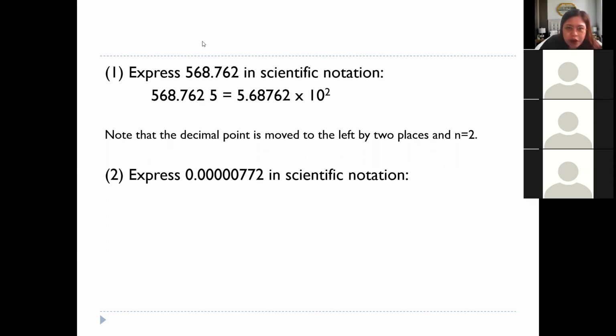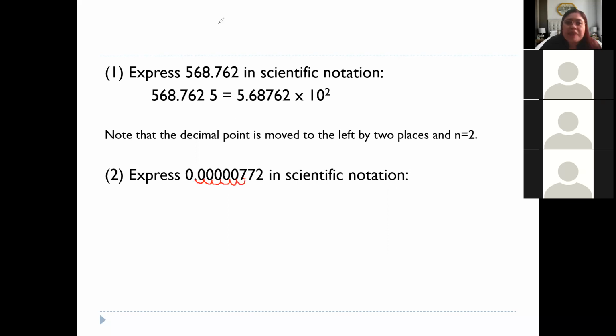Okay, so how are we going to express this one? Of course, we will be moving the decimal point. Now, where should we go? To the right, so that it becomes a number from 1 to 9. So we have 1, 2, 3, 4, 5, and 6.